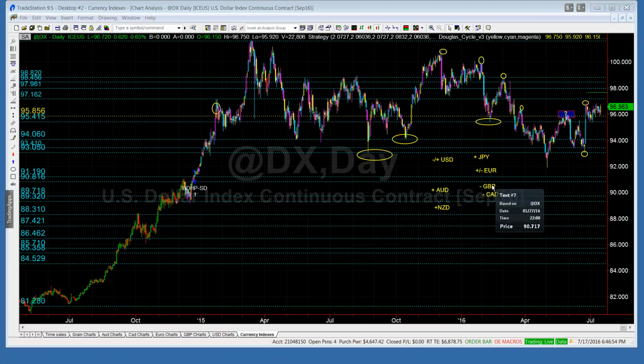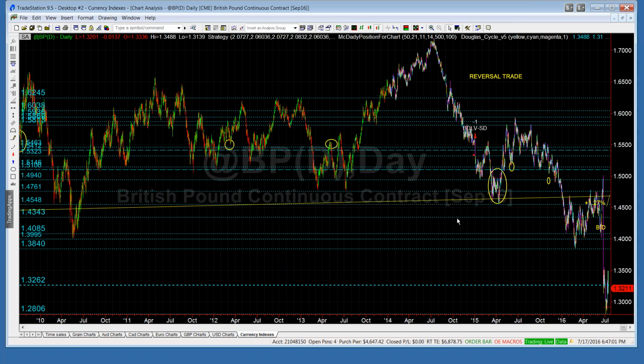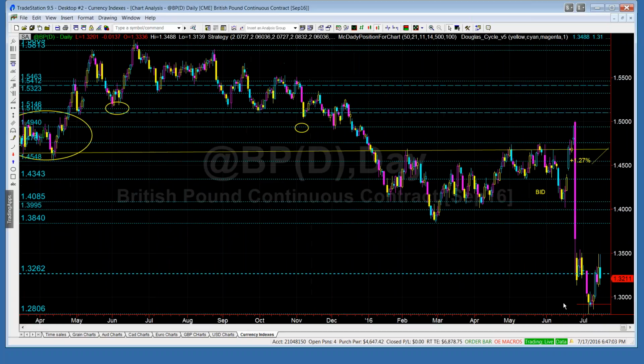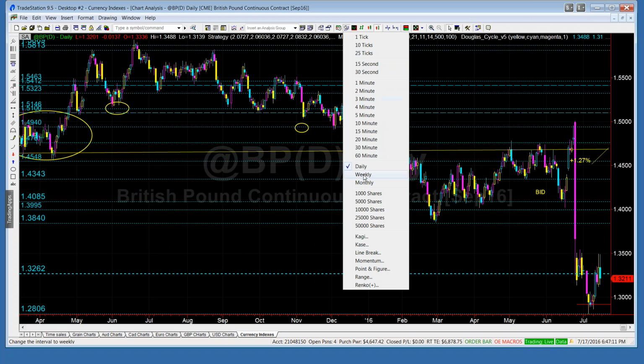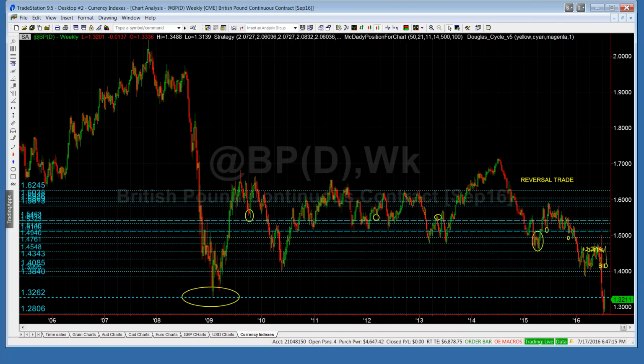We're short on the pound. As you can see here, this is the 132.62. This is one of the major structure points, which goes back for ages, since 2009.